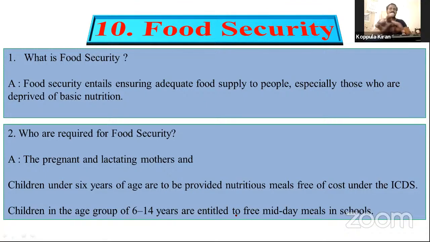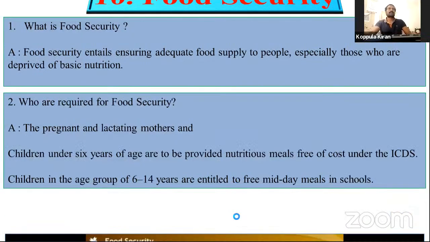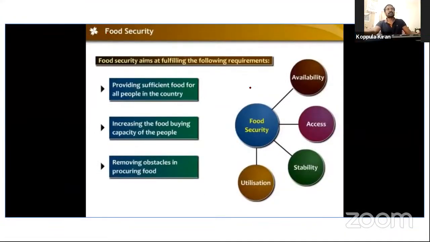Next slide. Food security aims at fulfilling the following requirements. What are they? First, providing sufficient food for all people in the country; the government should provide sufficient food for all the people.